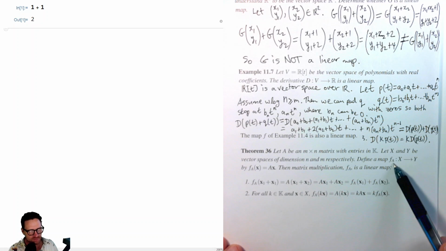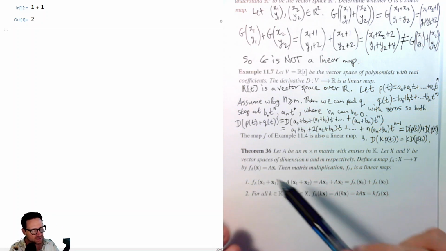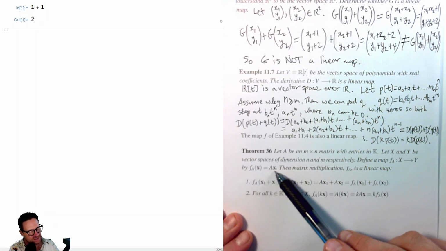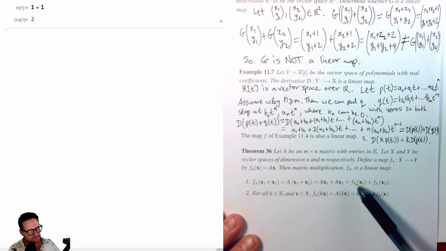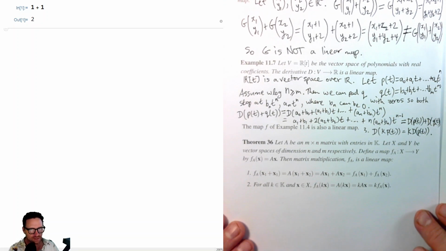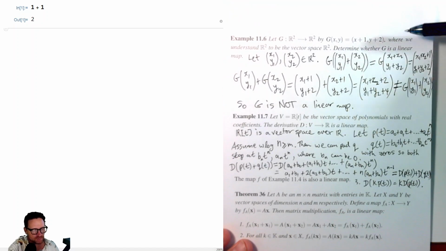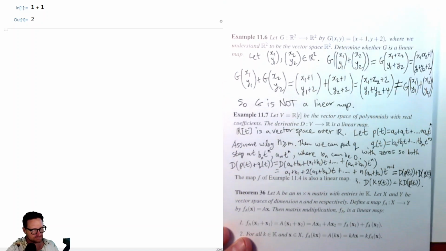Define a map f subscript A, mapping the set X to the set Y, by f_A of x is A times x, matrix multiplication. Then f subscript A is a linear map. So let's see why. And notice up here in example 11.6, this is not expressible in terms of matrix multiplication because we have constant terms in it.